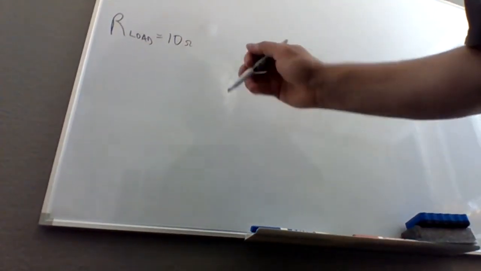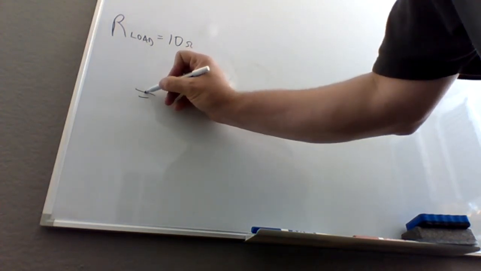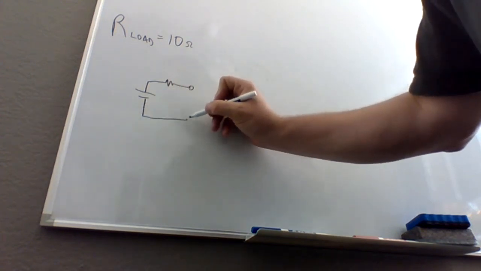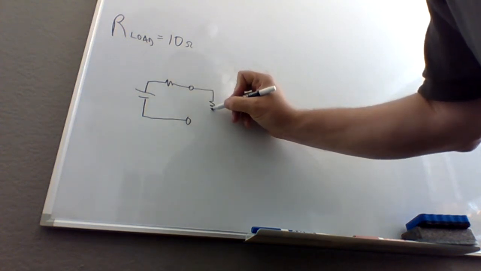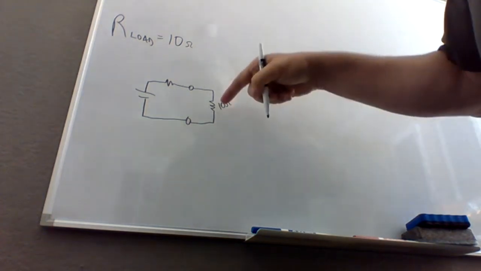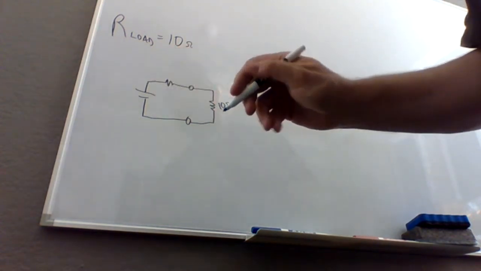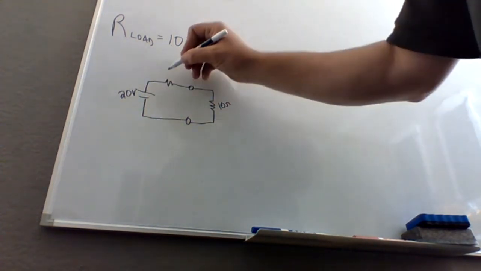And let's say we've got a battery here, and this is our driving circuit. So we know that this is 10 ohms. How do I get the maximum power here? Just to make life simple, we're going to make this a 20 volt battery. And this is R.